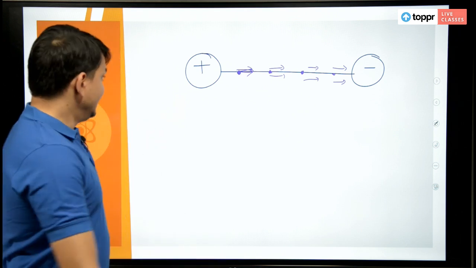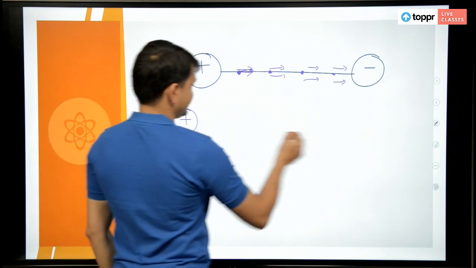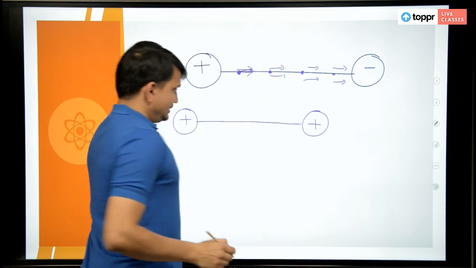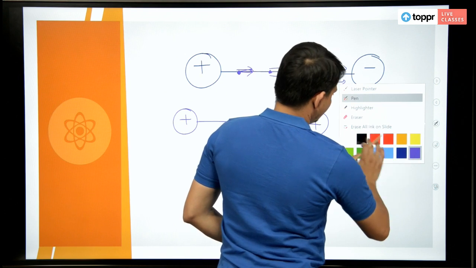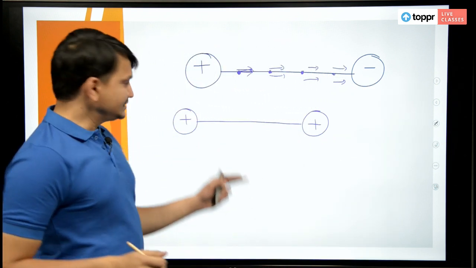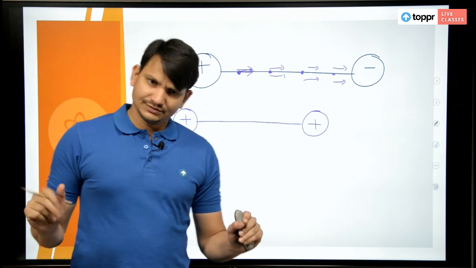Now consider two positive charges. We are considering one point which is closer to one charge. We are considering both the charges have equal magnitudes.